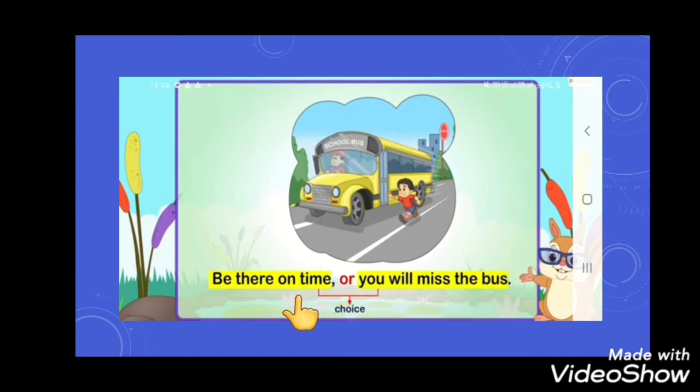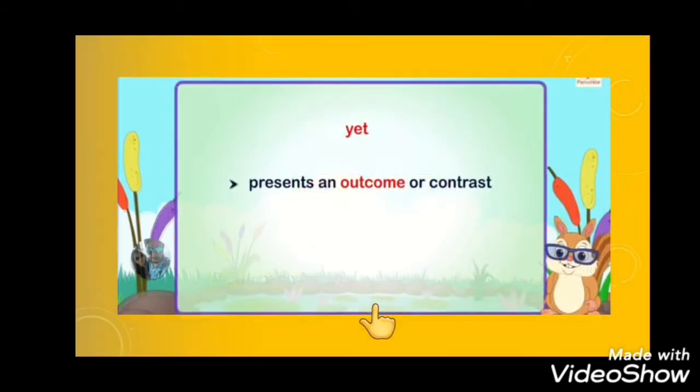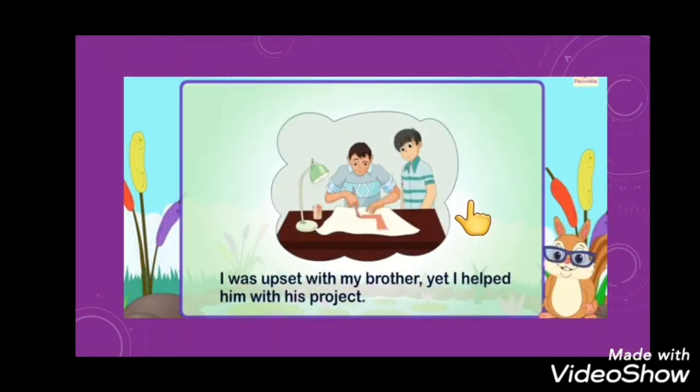Here we are using or as a choice. Now students, the next conjunction is yet. It presents an outcome or contrast. I was upset with my brother, yet I helped him with his project. Here in this example yet is showing the contrast.